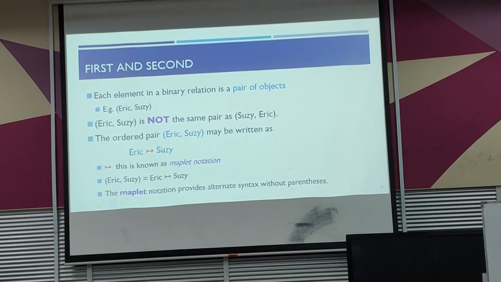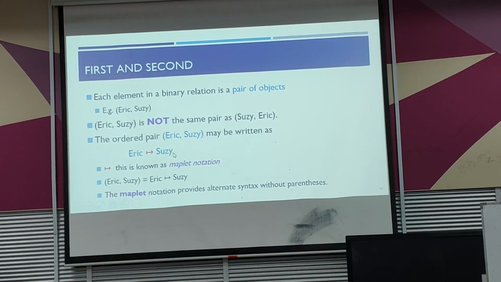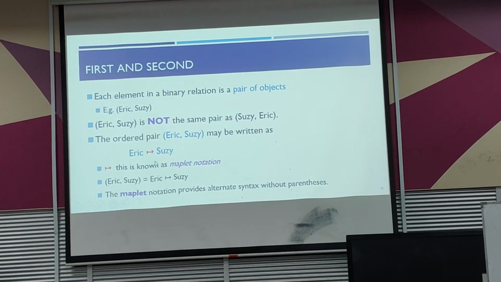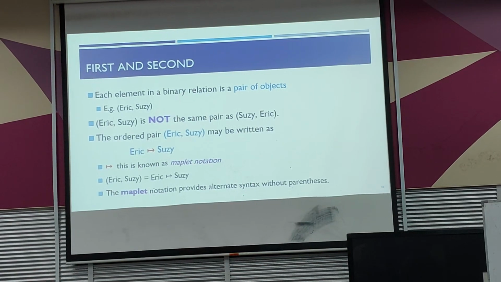So when you have maplet notation, you are actually telling people that Eric is mapped to Susie in this case. That is what this statement means: Eric is mapped to Susie. That's why we call it maplet notation. If you put it the other way around, Susie, Eric, it means Susie is mapped to Eric. So maybe this is a different person already.